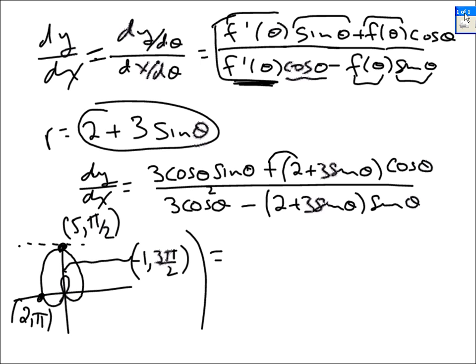We're going to add 2 cosine theta, and we're going to add 3 sine theta cosine theta. So we have another 3 cosine theta sine theta. So we get 6 of them.